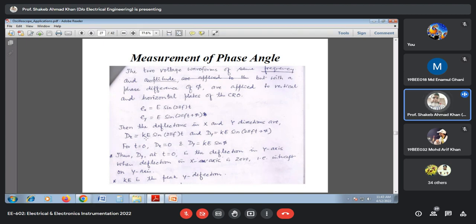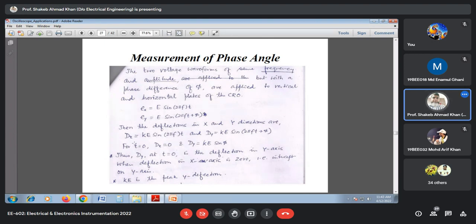Suppose these deflections are dx and dy, because k is basically the volt per division. So here we are getting a deflection of this and a deflection of this. Obviously, your deflection will be proportional to the applied voltage, because the applied voltage is causing the deflection.